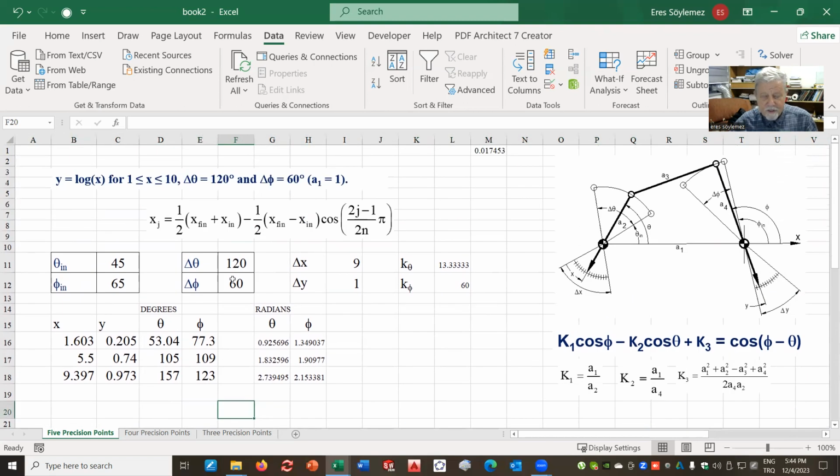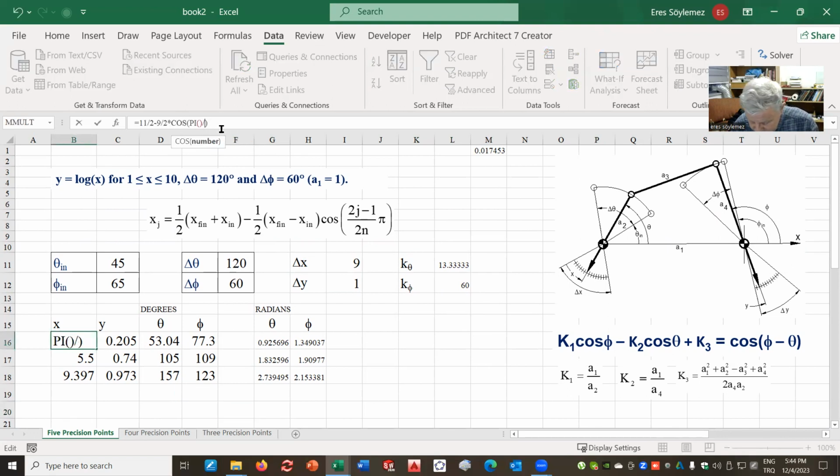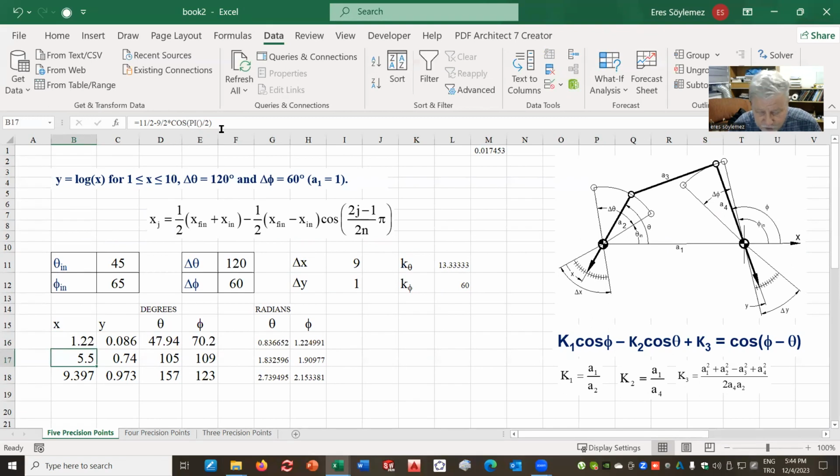Now, look, I have n is equal to 5. 2 by n is 10. So pi over 10 will be my first precision point. The second precision point is 3 times pi over 10. You can check.